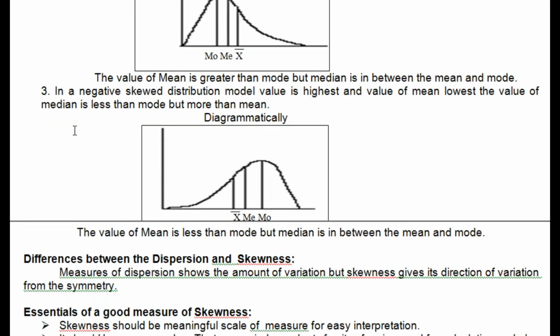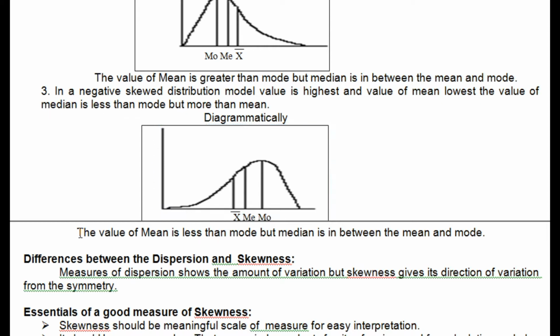Now move to the third one, the negative skewed distribution. In a negative skewed distribution, the mode value is highest and the mean is the lowest value, but the median is in between the mode and the mean.